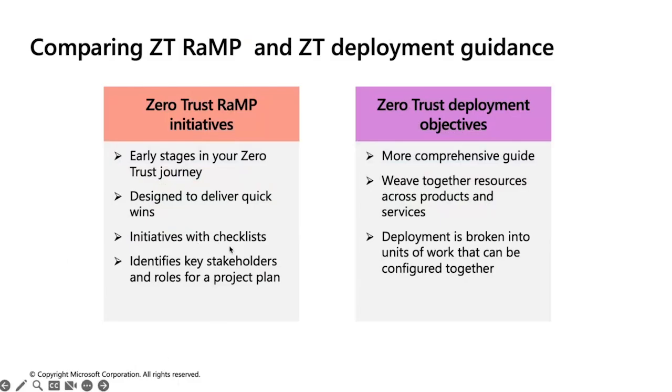So basically here we have a list of checklists that you can follow. You can find this checklist in Microsoft documentation, under Zero Trust RAMP. So you can follow that checklist and rapidly implement those requirements and recommendations, and over time, you can move towards zero trust deployment.